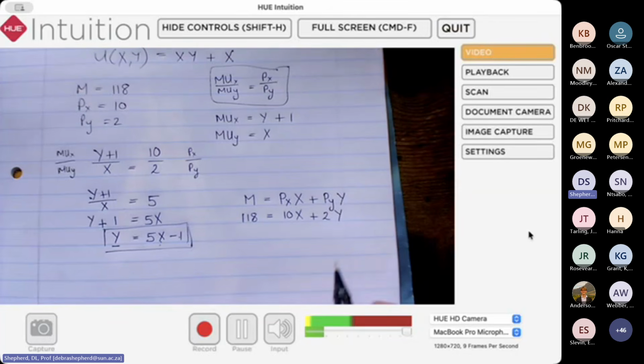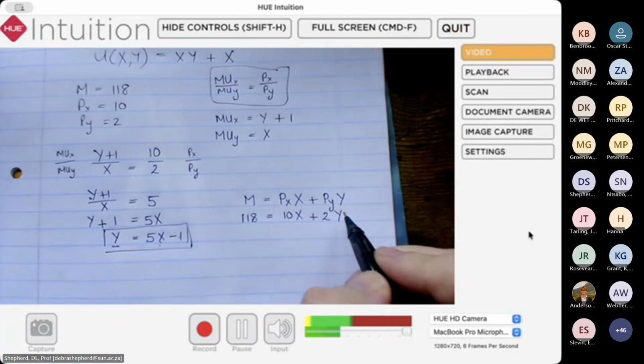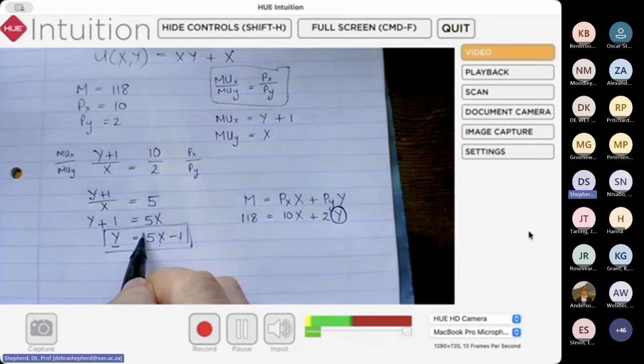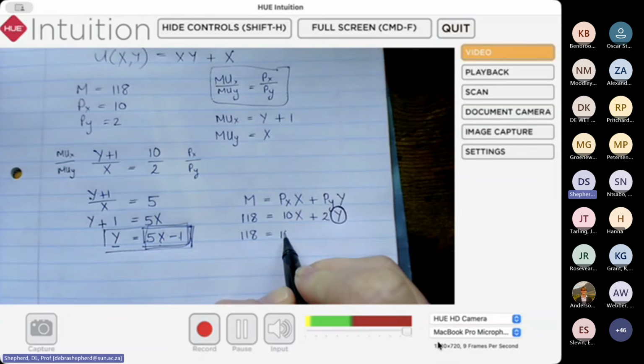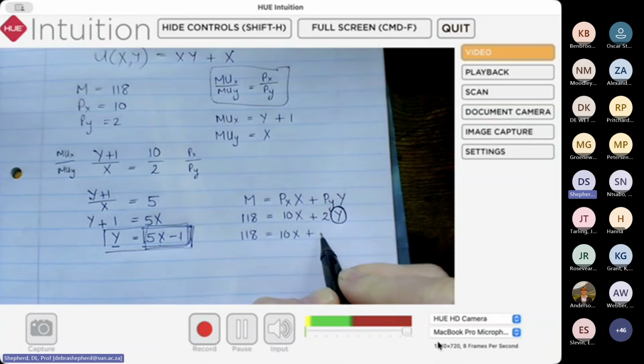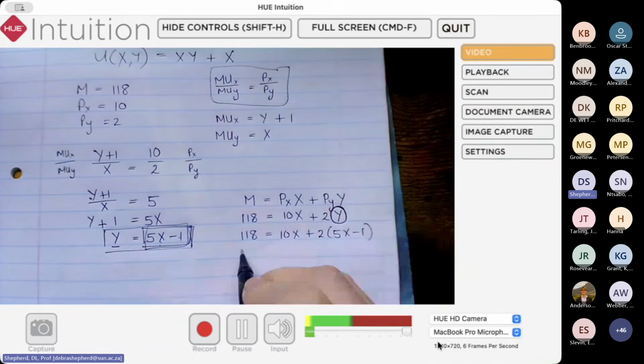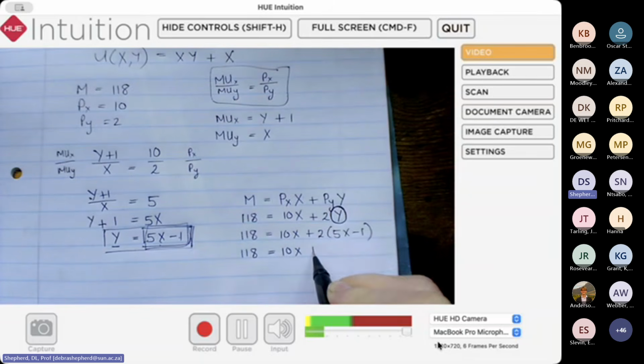And now I'm going to sub Y with this that I've just calculated. Y is going to be 5X minus 1. So 118 is going to be 10X plus 2 times 5X minus 1. And so I'm going to have 118 is equal to 10X plus, and I'll multiply 2 into the brackets, 10X minus 2.